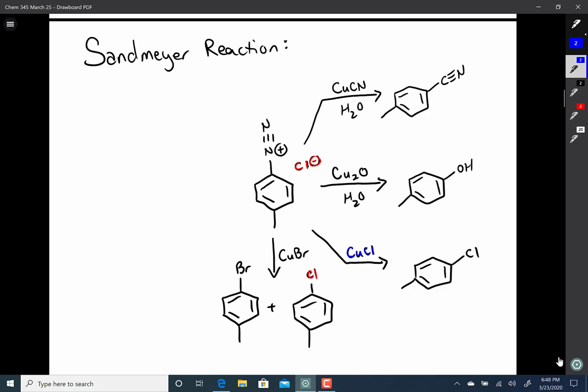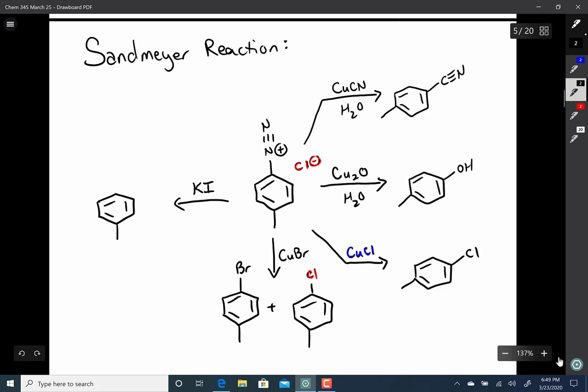I've got two more reactions to show you of this diazonium salt, which are unique because they don't involve copper at all. You don't need copper to react with them. The first case is you can take potassium iodide, and it turns out potassium iodide is reactive enough that it will displace the nitrogen on its own, and you don't need a copper source.